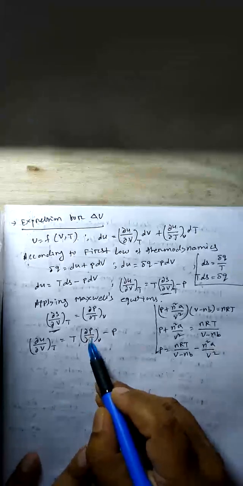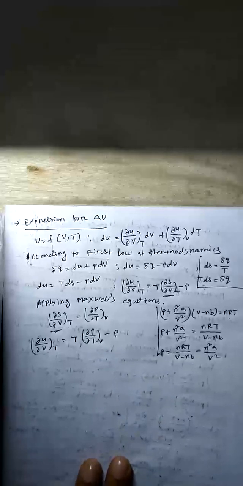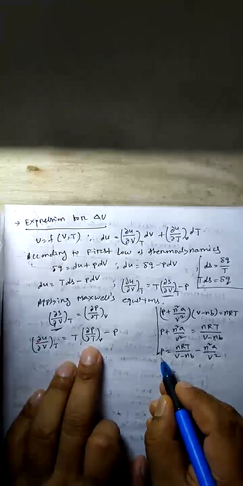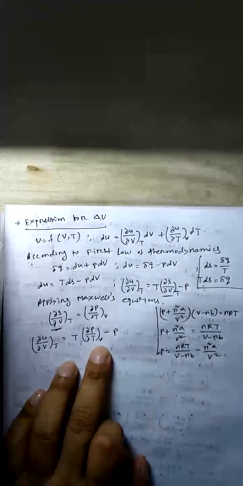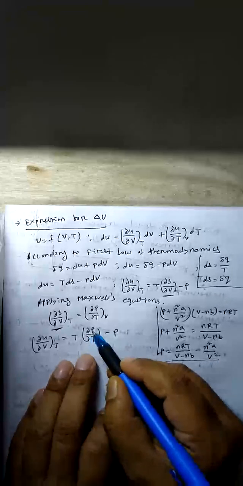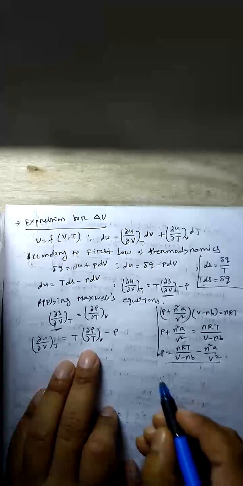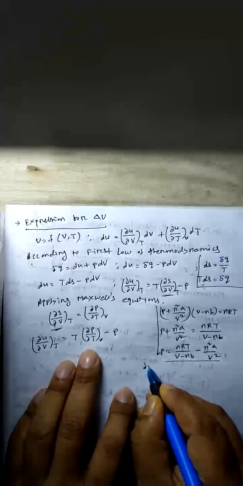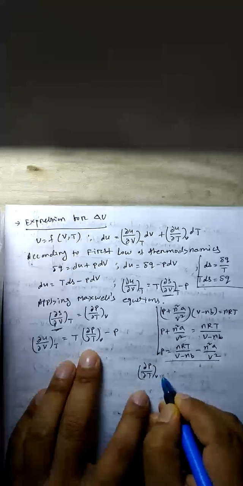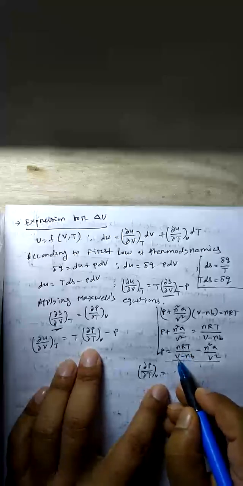Now we need ∂P/∂T at constant volume. Differentiate this P with respect to T, keeping volume constant. So my equation becomes ∂P/∂T at constant volume is equal to: n is constant, R is constant, volume V is constant.